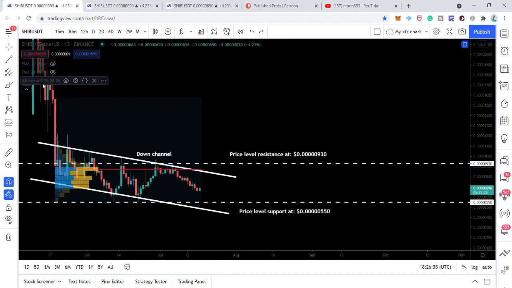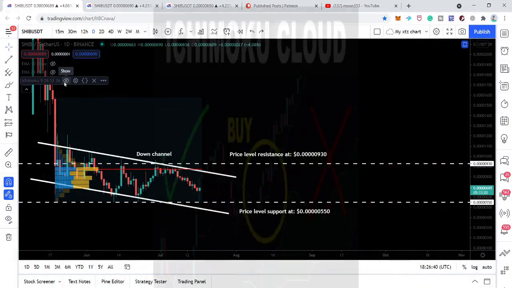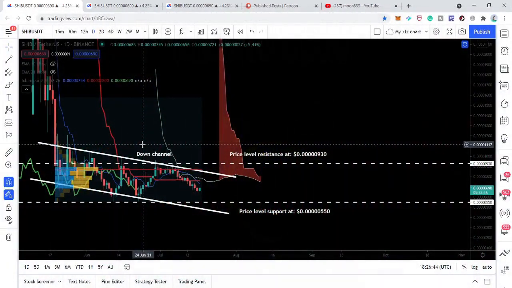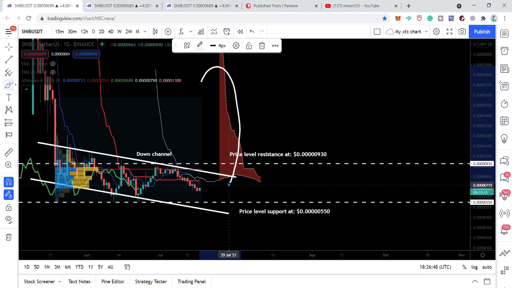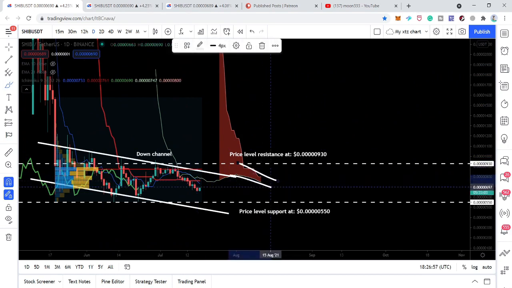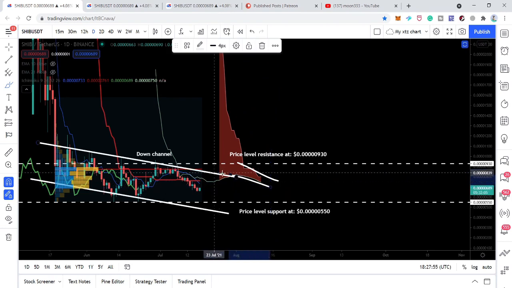Let me show you a very important indicator I'm going to place, and that is the Ichimoku cloud. You can see that for a long time period it was very strong bearish, and the price action is moving below this Ichimoku cloud. Now, for the first time, the Ichimoku bearish cloud is turning bullish. At this time it is getting weaker, and you can see that we have the support of this Ichimoku cloud at the same level where we have this resistance of the down channel.